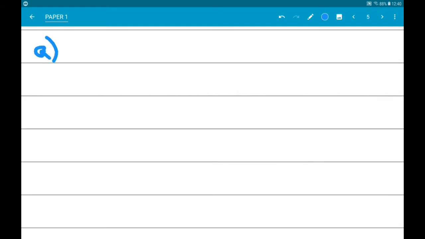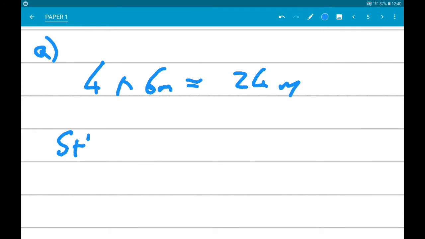the first 4 kilometers are just 4 times 6 minutes. So that's 24 minutes. Alright, now the fifth is going to be 5% greater than 6 minutes.